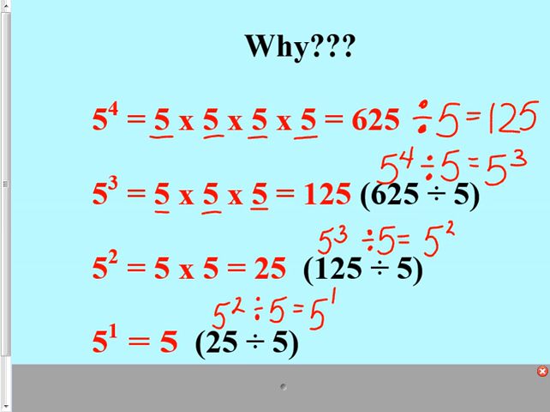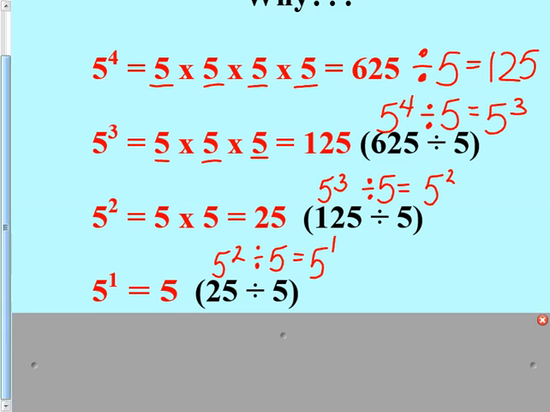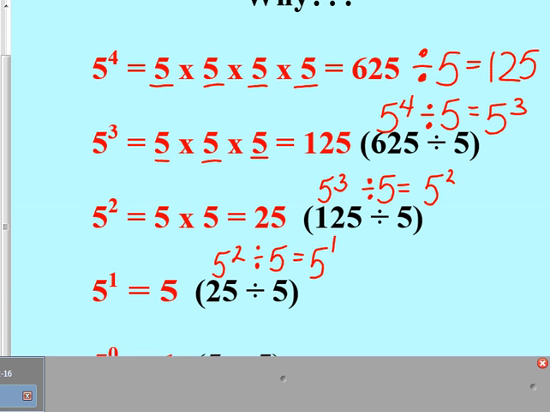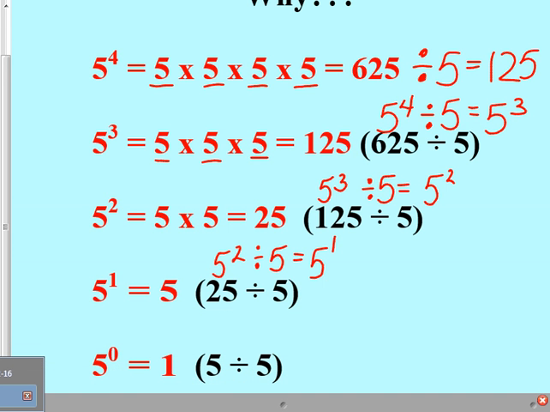So thinking about that, what that means is 5 to the 0 power has to equal 1 because 5 to the 1st power is 5, and when we divide that by 5, 5 divided by 5 is 1, not 0. So that would work for any number. You could plug in any number that you wanted to try this with, and it's always going to work out that the number to the 0 power has to equal 1.